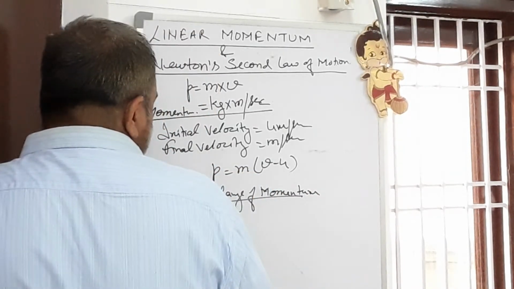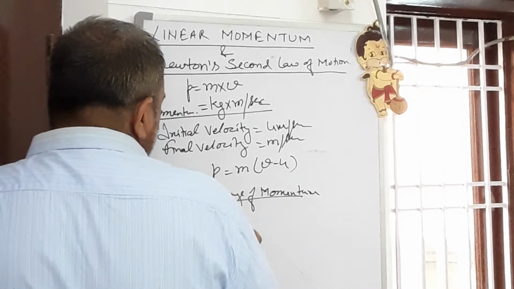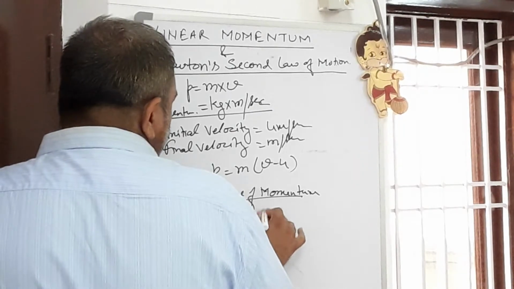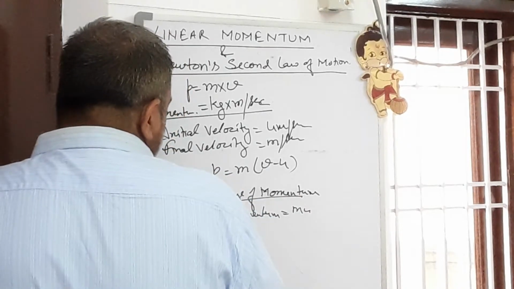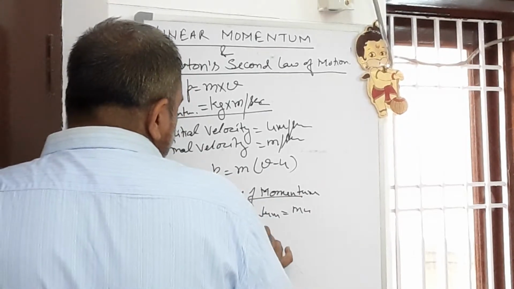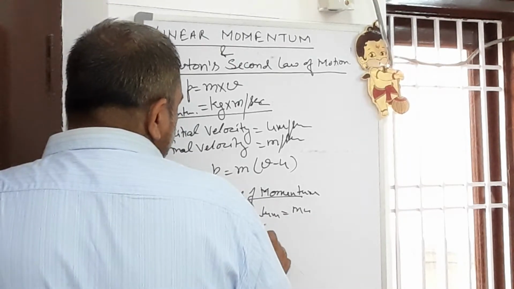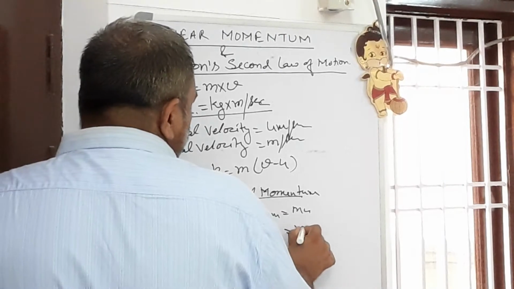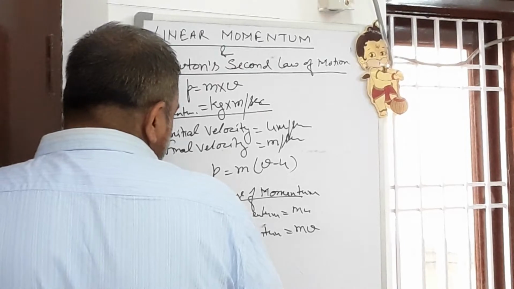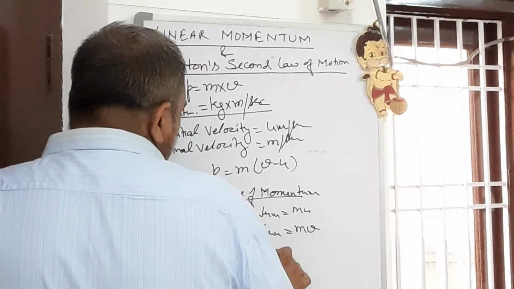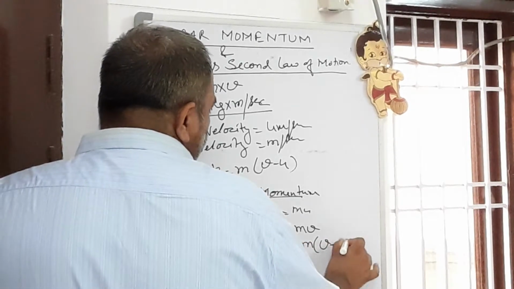As I said, initial momentum is mu, final momentum is mv. Change in momentum is equal to m into v minus u.